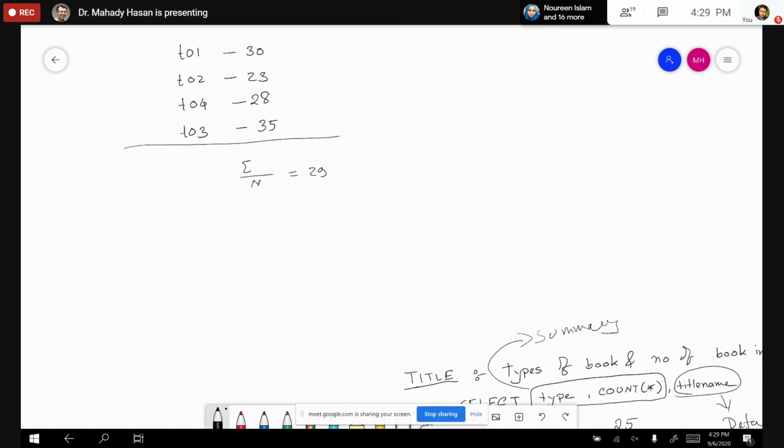I am assuming Aziz is right, so I'm assuming it would be 29. Okay. So এখন how do I do this? Because whenever I use the AVG function, it will bring only one value, which is 29. But if I want to get this value, then basically can I use AVG?